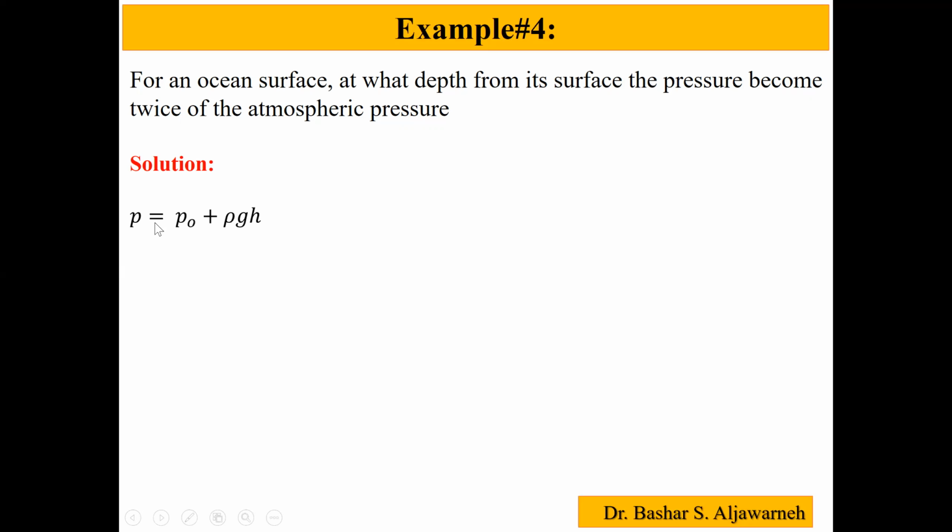The pressure here, the pressure at the bottom, the absolute pressure, as given in the question, says the pressure becomes twice the atmospheric pressure. So you have to say P equals 2 P naught, which is 2 atmospheric pressure, and be careful, we are looking for height. So you need to convert from atmospheric units into Pascal or Newton per meter squared.